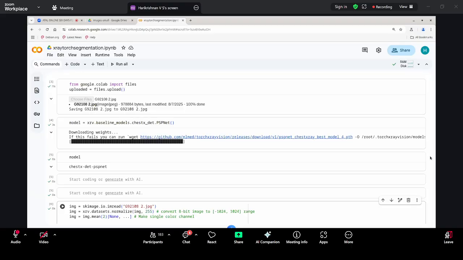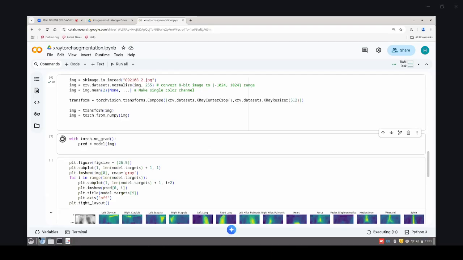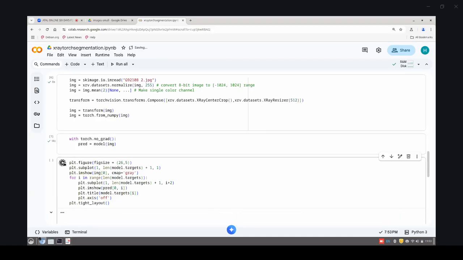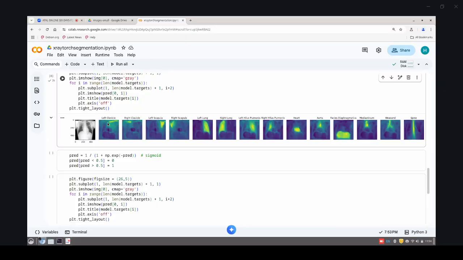Then I will first normalize the image and resize it to 512, because this model accepts 512 by 512 images, and do the prediction. The prediction output will be X-ray images with heat maps. Basically the heat maps show left clavicle, right clavicle, left scapula, right scapula, left lung, right lung, etc.